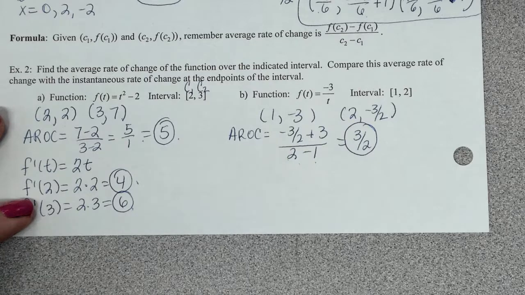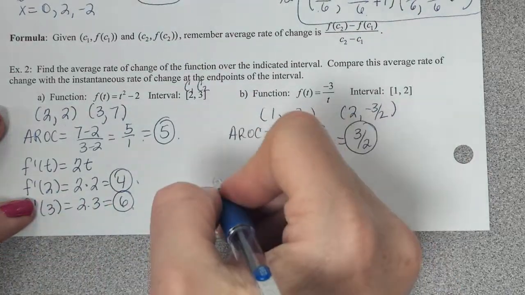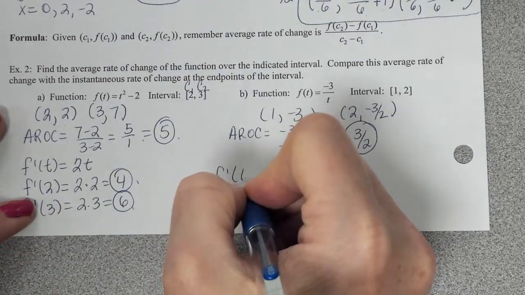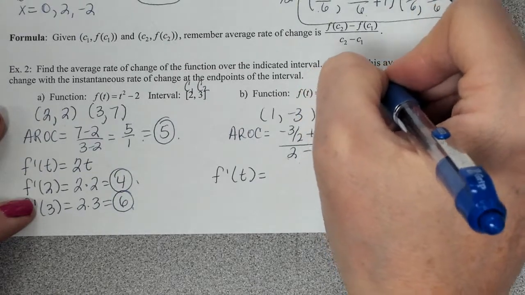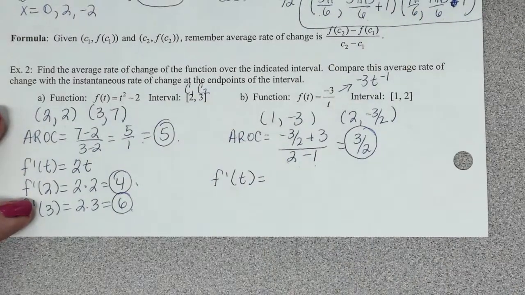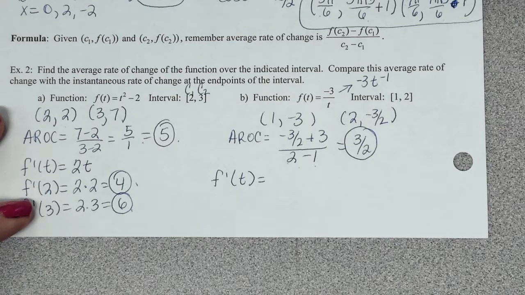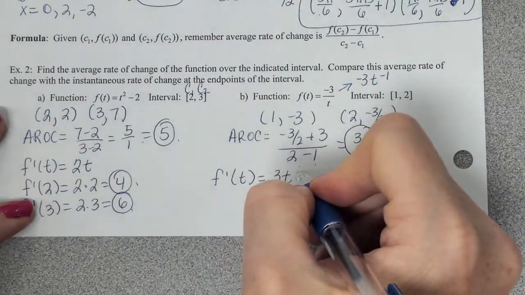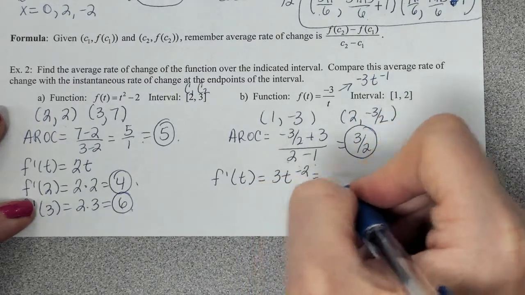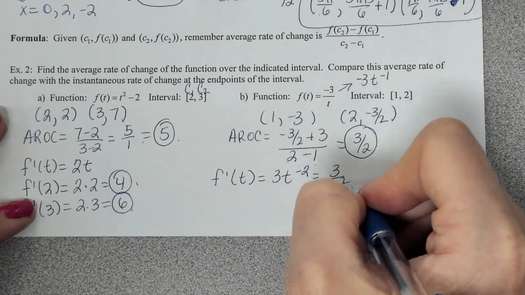What do we do to find the instantaneous rate of change? We have to find the what? Find the derivative. So I have to find f prime of t. Well, to do that, I'm going to have to think of this as negative 3t to the negative 1. So what's that going to be? 3t to the negative second. So that's 3 over t squared.